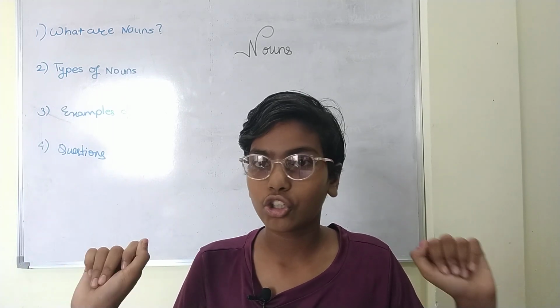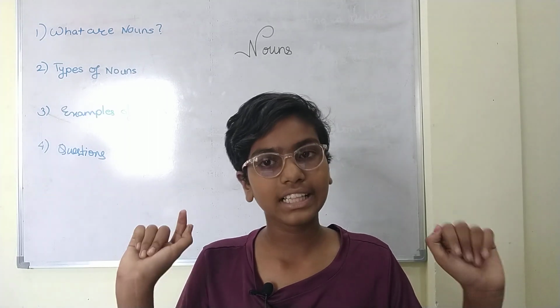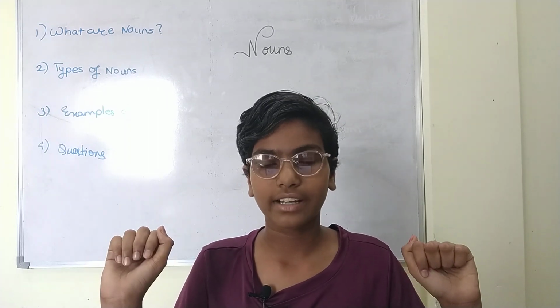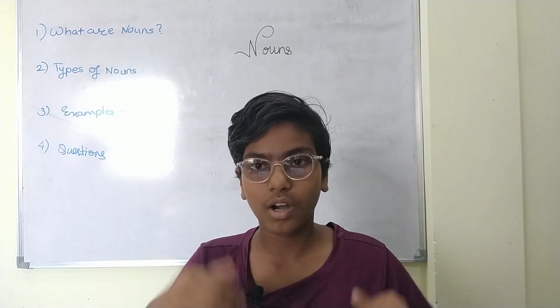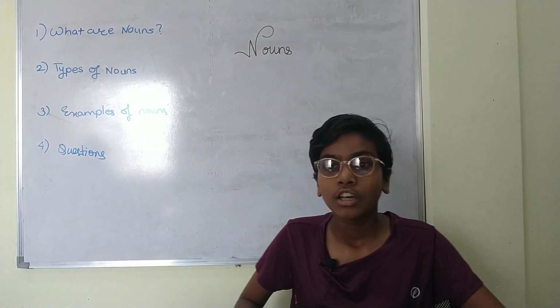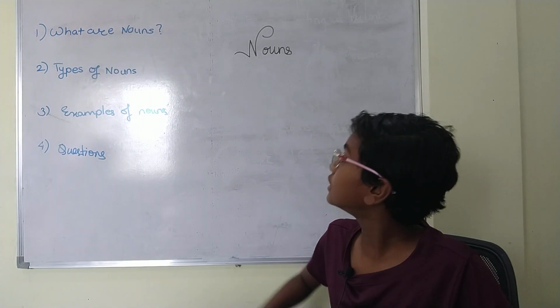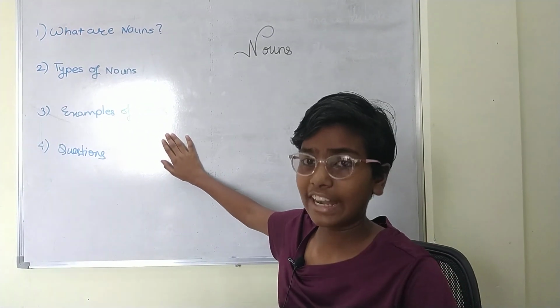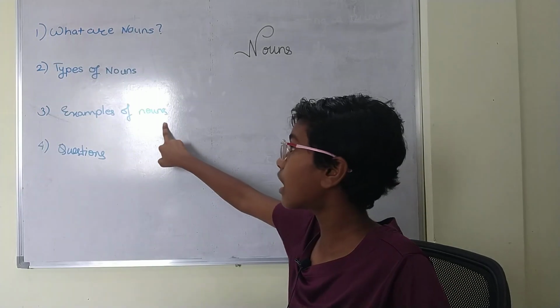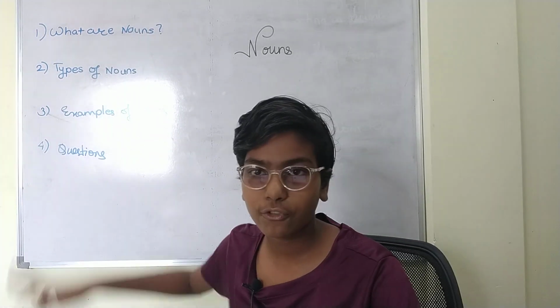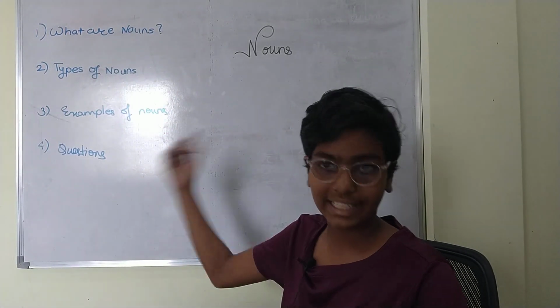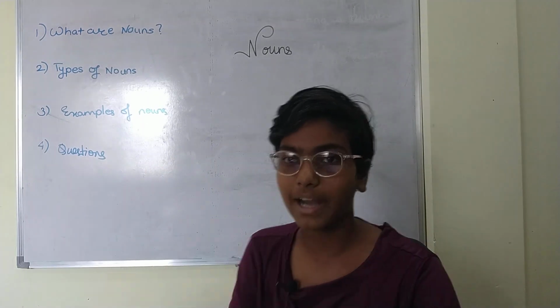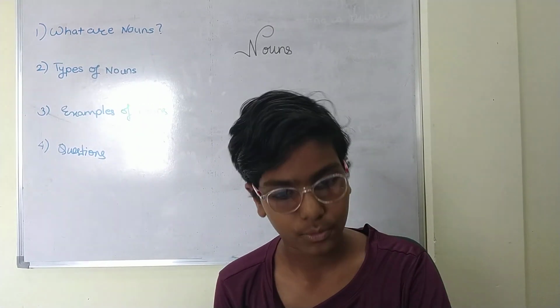And I have taught you compound noun, but still again in this video we will learn about that, or we will make a few parts on the nouns. So now we will solve few examples of it. And once we're done with examples, we'll solve few questions. Now these two parts are later, but let's discuss the first part, which is what are nouns.